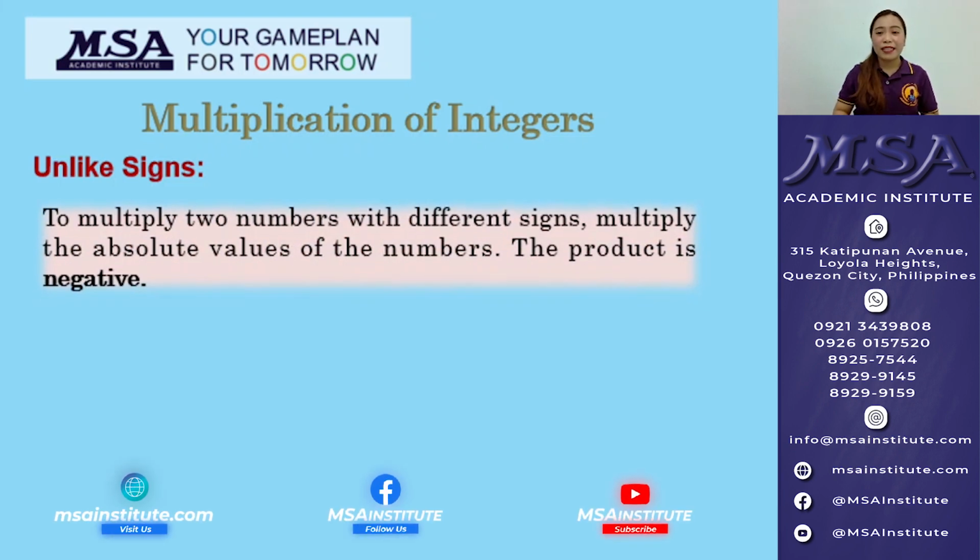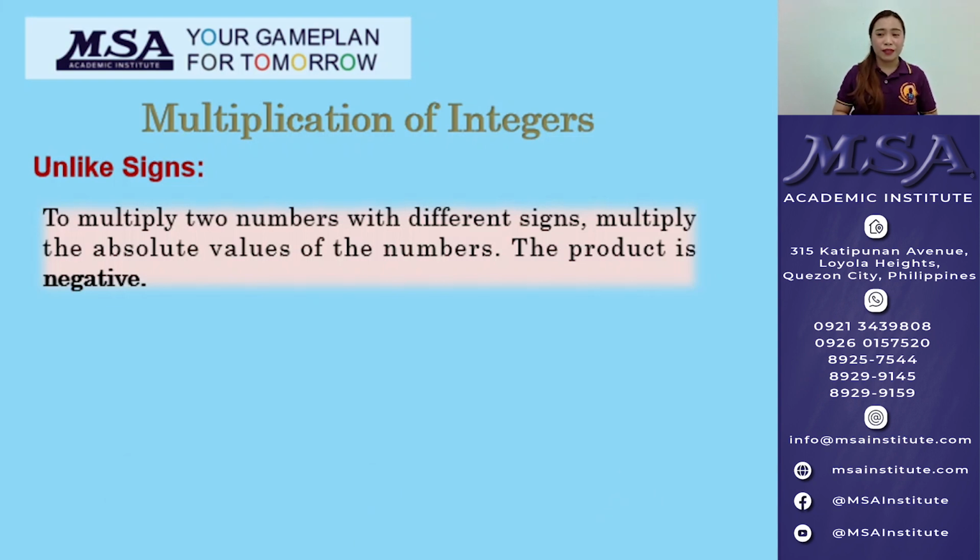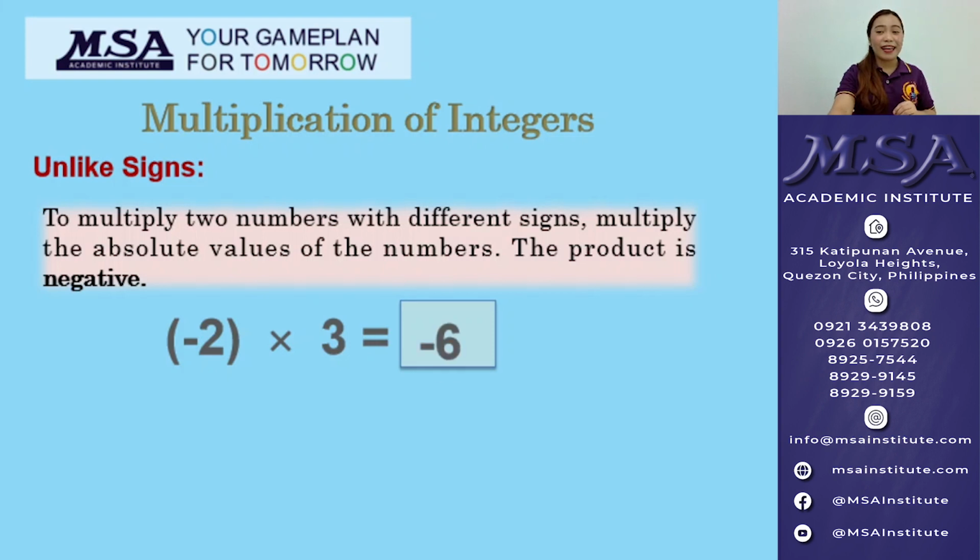To multiply two numbers with different signs, multiply the absolute values of the numbers, and then the product is negative. So that means when we multiply two numbers having different signs, the product is always negative. Example, negative 2 times 3, that will give us negative 6.